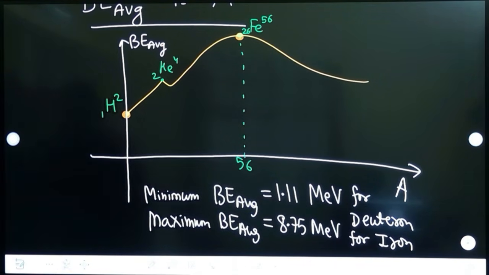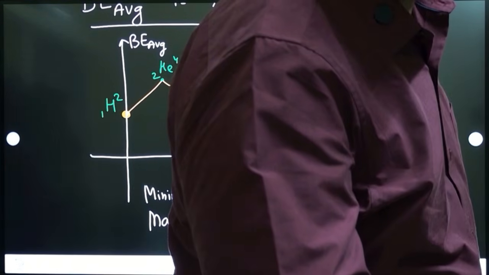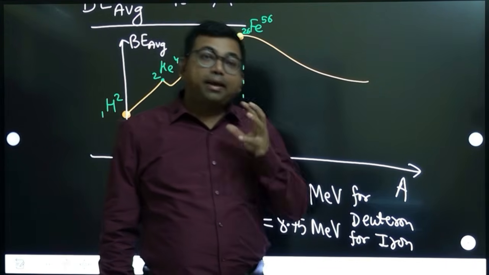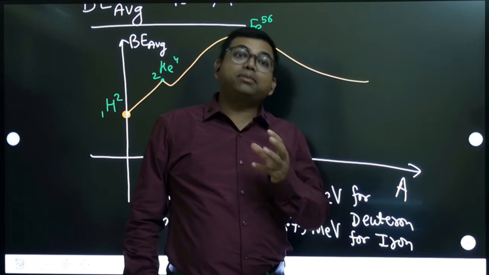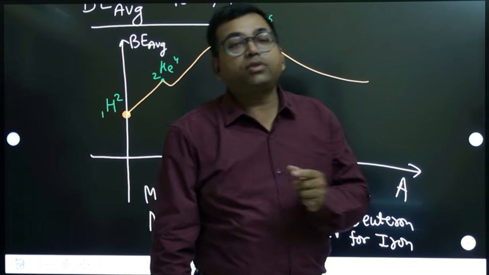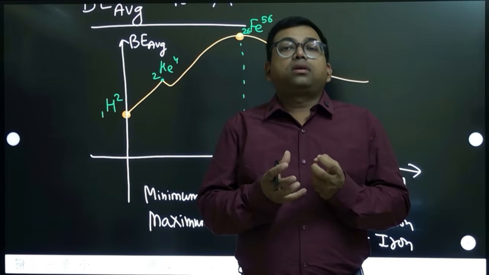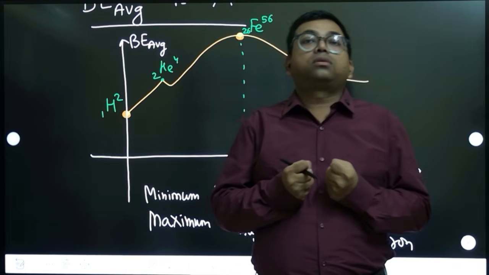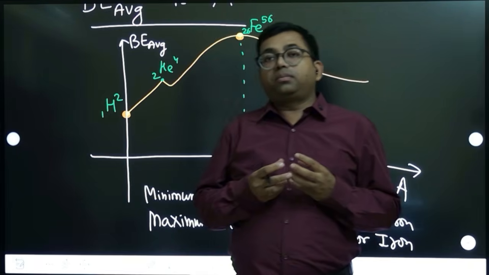Okay, so what is the importance of this graph that we have to understand? This graph indicates stability, and which nucleus has maximum stability, because it shows average binding energy, and average binding energy gives the binding force, or you can say nuclear force, per nucleon.